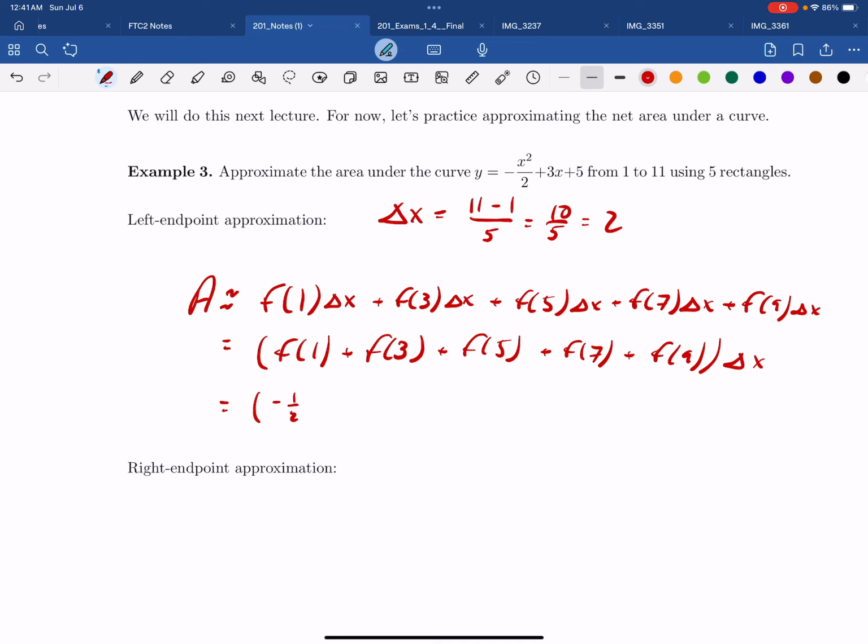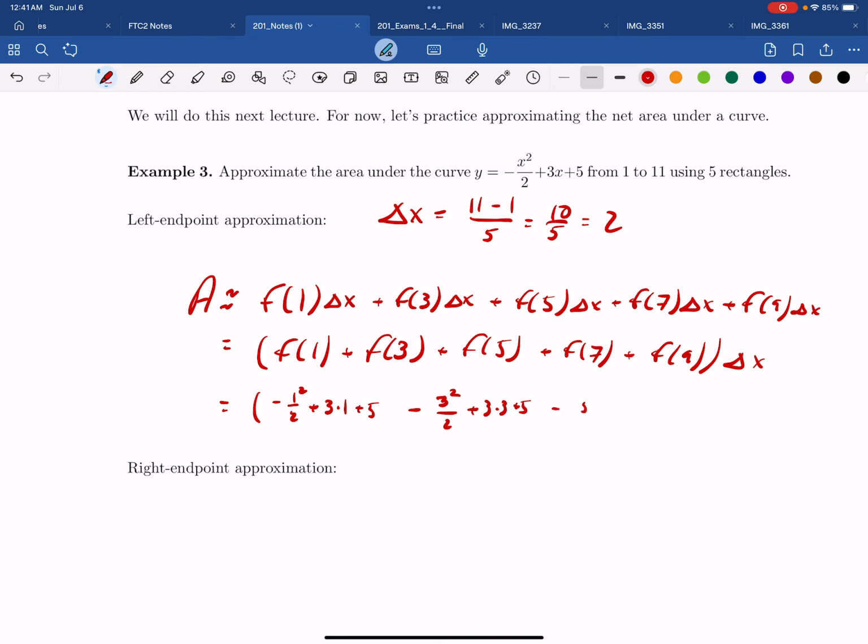Negative 1 squared over 2 plus 3 times 1 plus 5 plus, and then f of 3 is going to be negative 3 squared over 2 plus 3 times 3 plus 5.